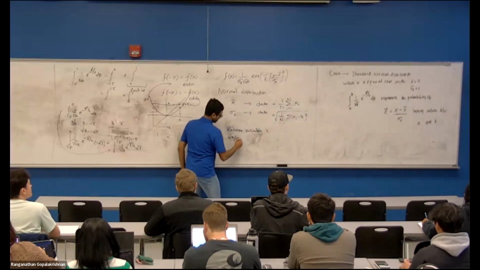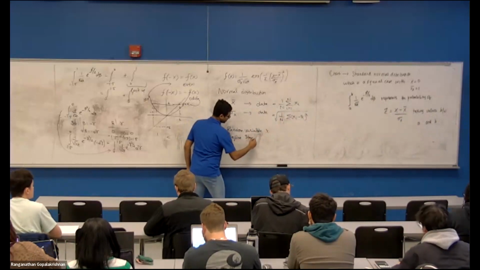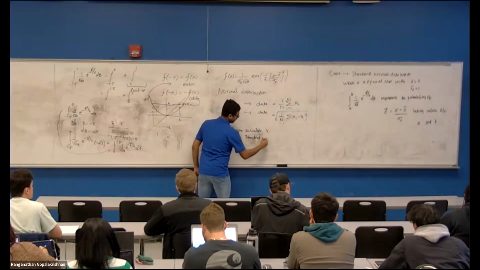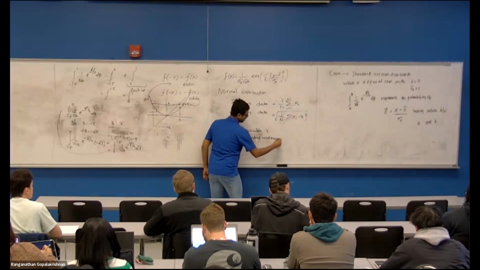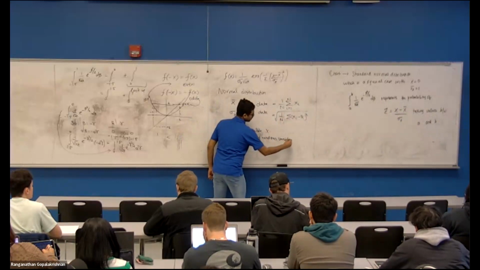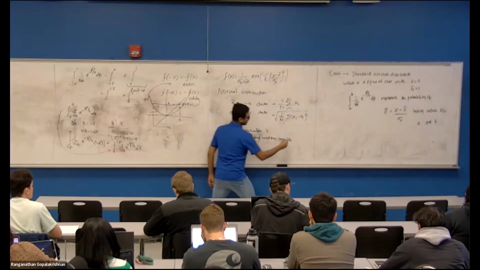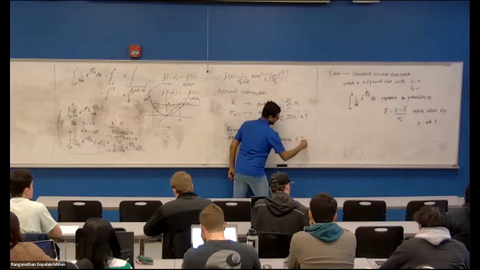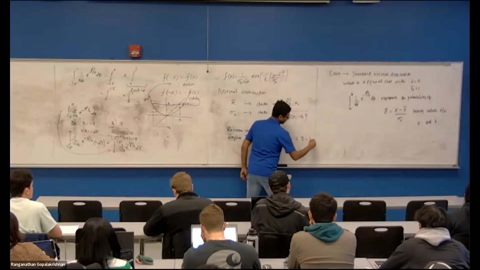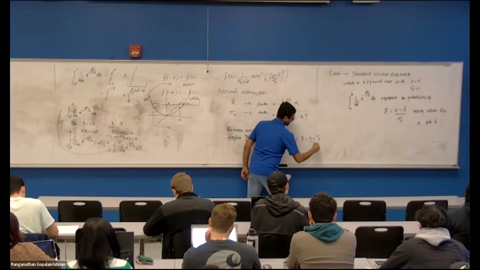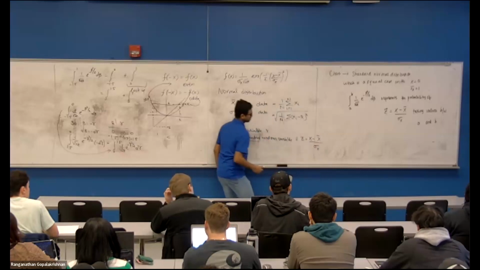Define what is called the standard random variable, z: you take x minus x bar divided by sigma x.